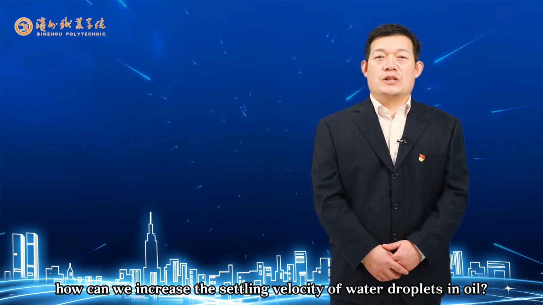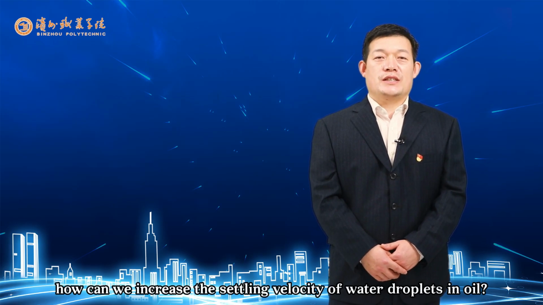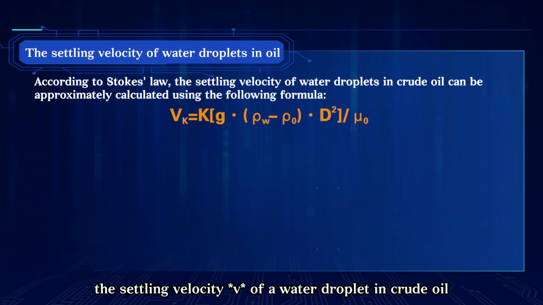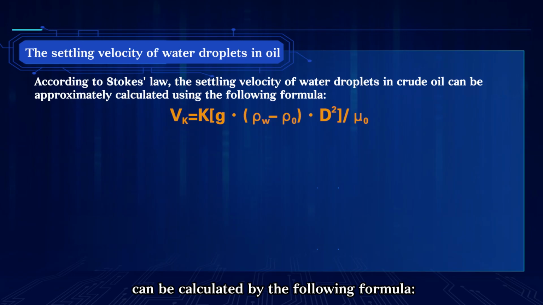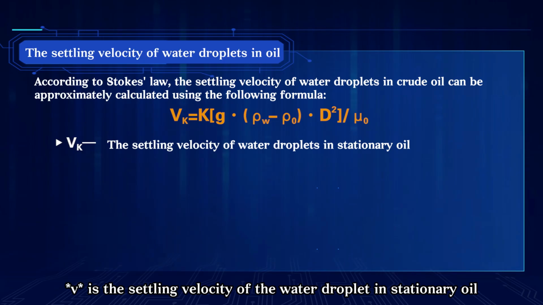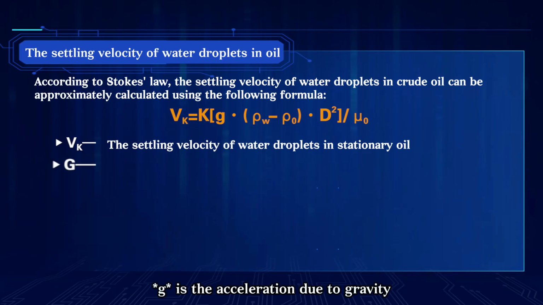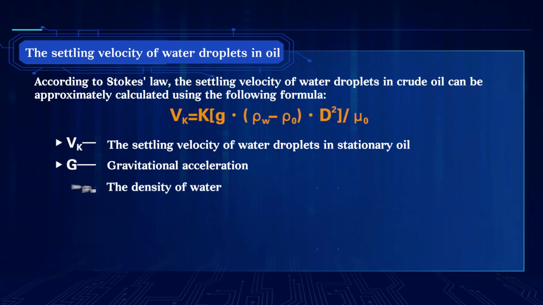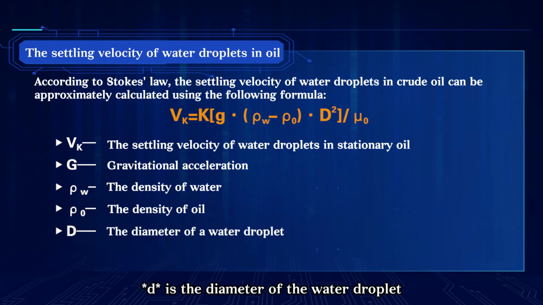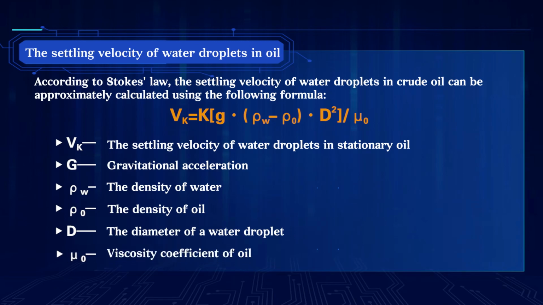So, how can we increase the settling velocity of water droplets in oil? According to Stokes' law, the settling velocity V of a water droplet in crude oil can be calculated by the following formula, where V is the settling velocity of the water droplet in stationary oil, g is the acceleration due to gravity, rho_w is the density of water, rho_0 is the density of oil, d is the diameter of the water droplet, and mu_0 is the dynamic viscosity of the oil.